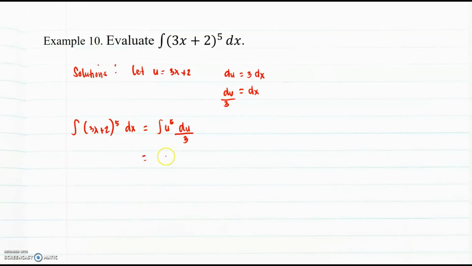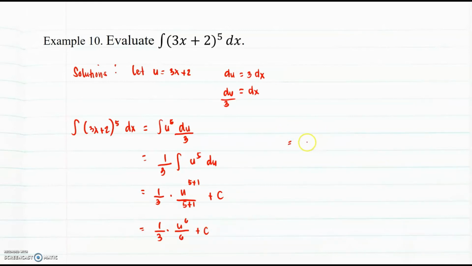Taking out the constant, you have 1/3 times the integral of u raised to 5 with respect to u. Now you can apply the general power rule, so you have 1/3 times u raised to 5 plus 1 over 5 plus 1 plus c. So you have 1/3 times u raised to 6 over 6 plus c.